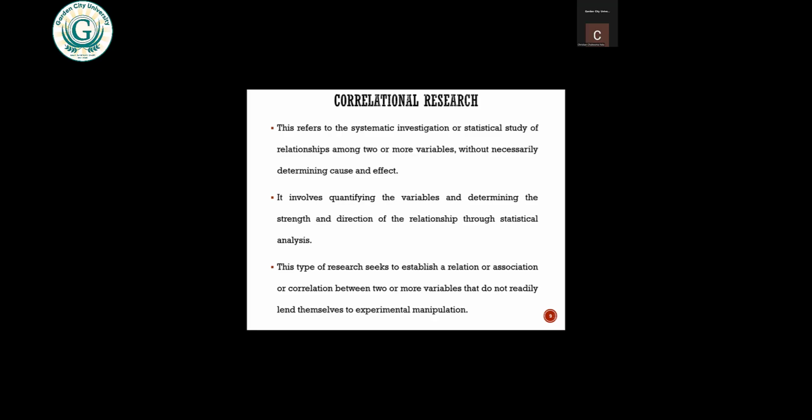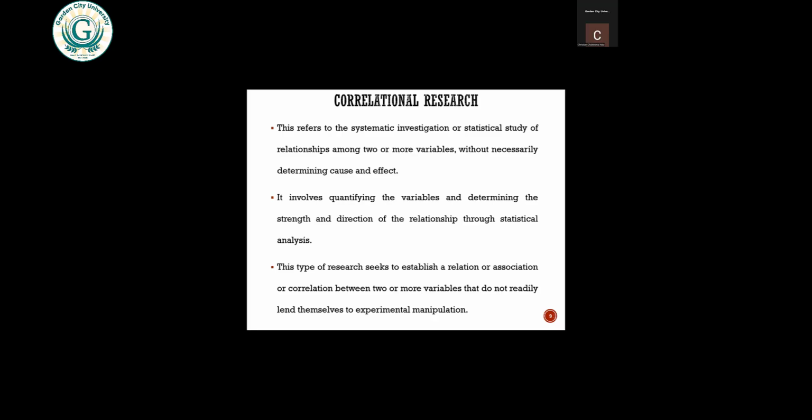Meaning, for those who are eating green leafy vegetables and foods that contain a lot of iron, are their HB levels high or low? You can only do that type of research if you do statistics.